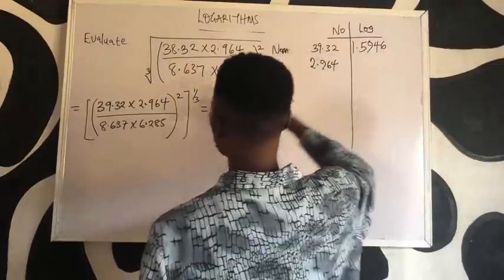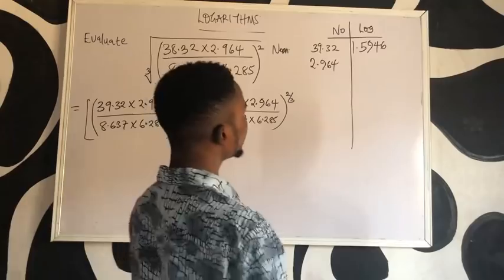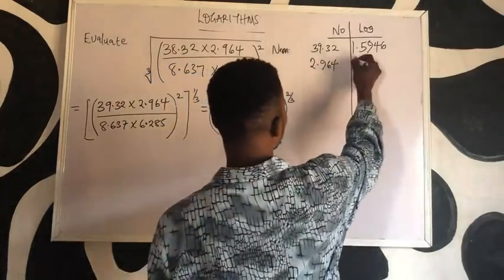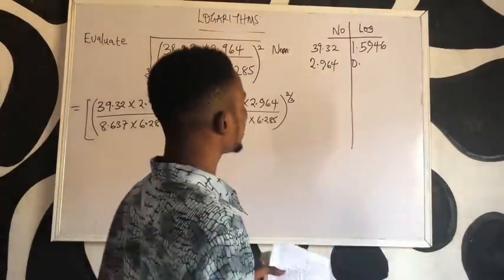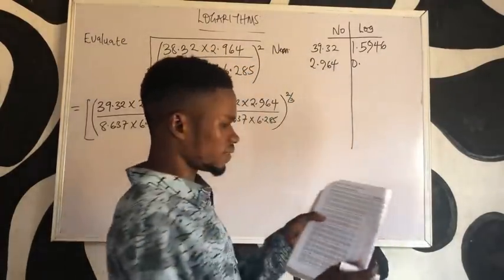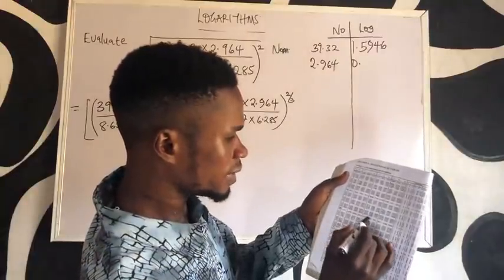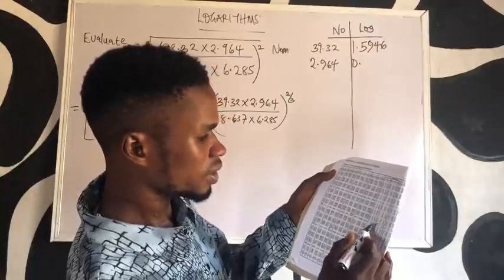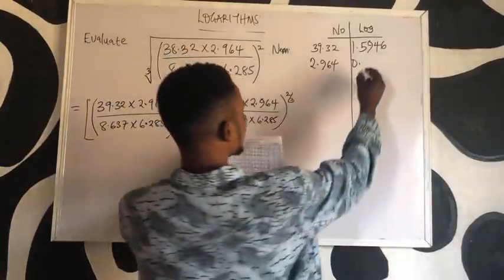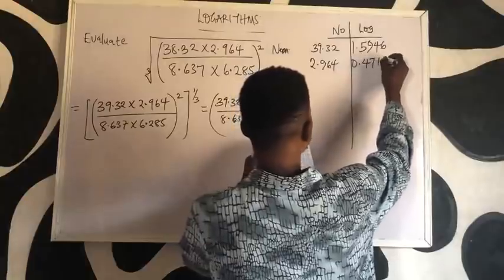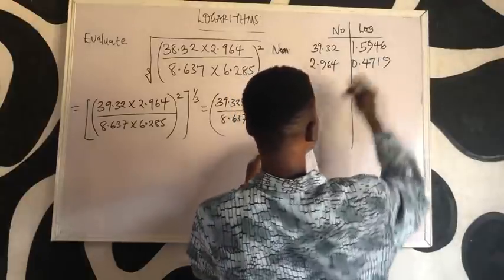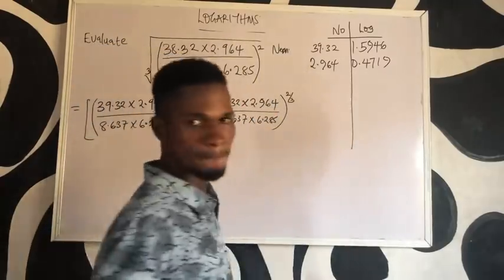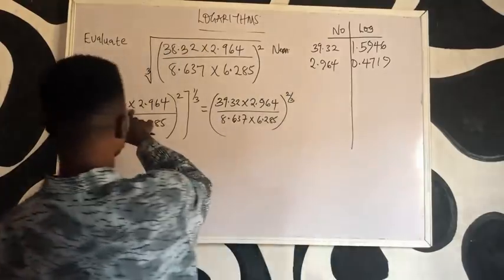Then we have 2.964, still at the numerator. One number before the decimal point, 1 minus 1 is 0. Point. The logarithm of 29 under 6 difference 4. 29 under 6 is 4713. The difference 4 is 6. So 4713 plus 6 is 4719. So that's all for the numerator. For the numerator we see it is multiplied.